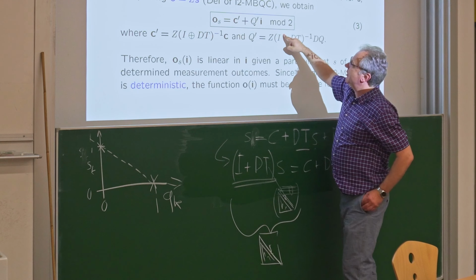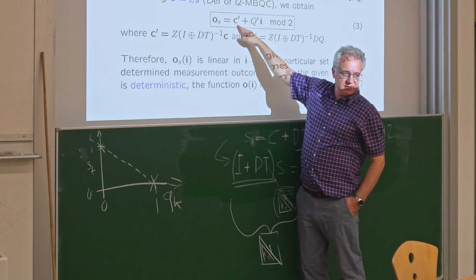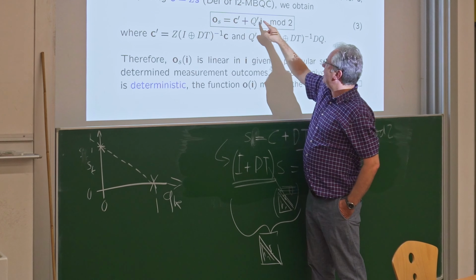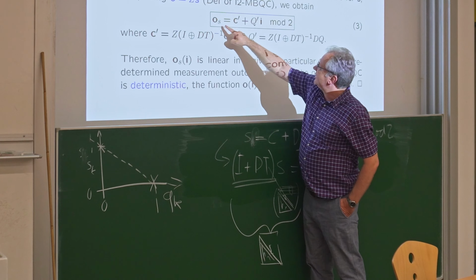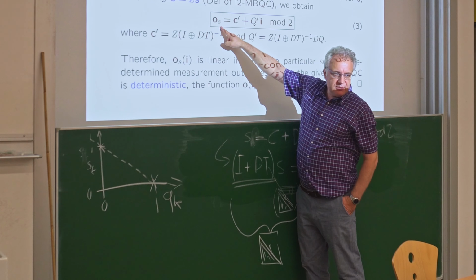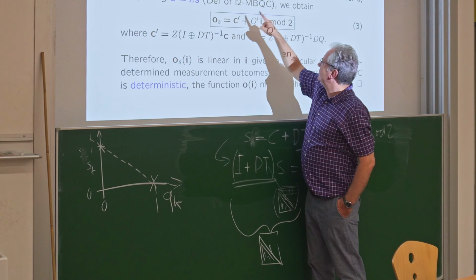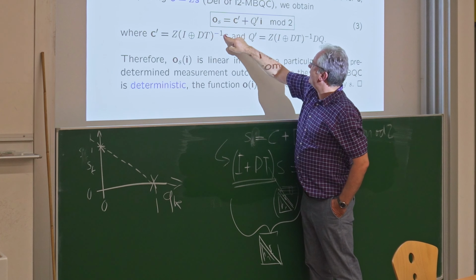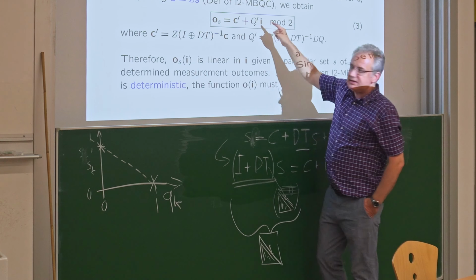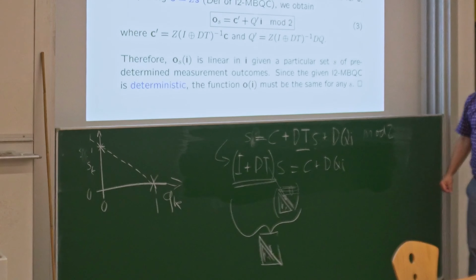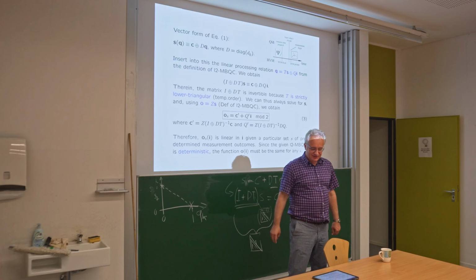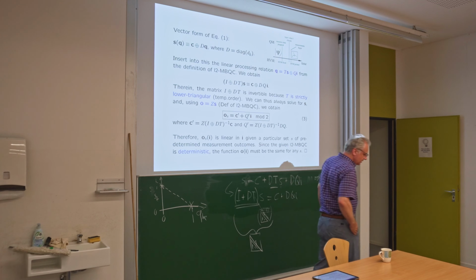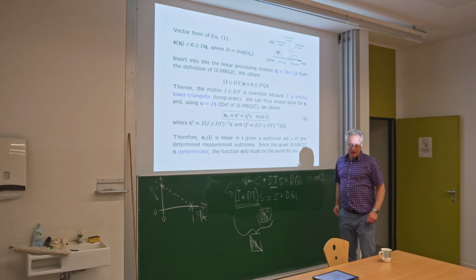So it's completely what we had before with different matrices and constants, but the result is still the same. Starting from the assumption of a hidden variable model value assignment, the function of output, of input is linear. Same result, hasn't changed. The remainder of the argument is the same as before. So that is the full proof of theorem 1.